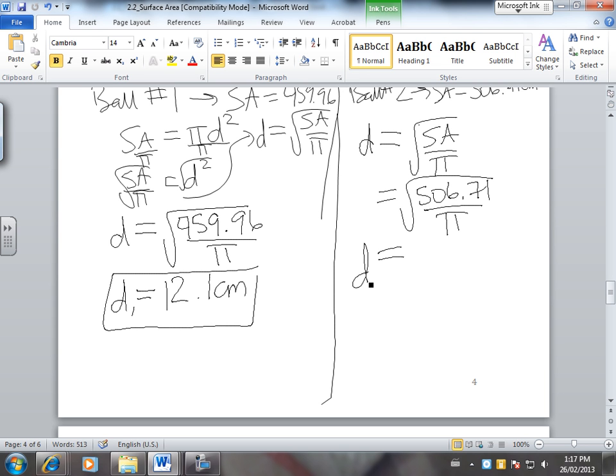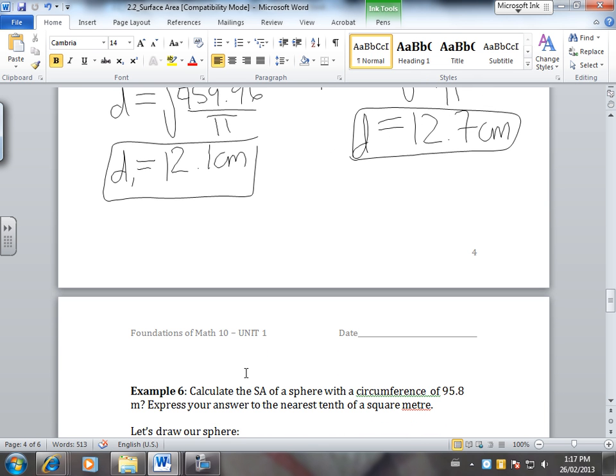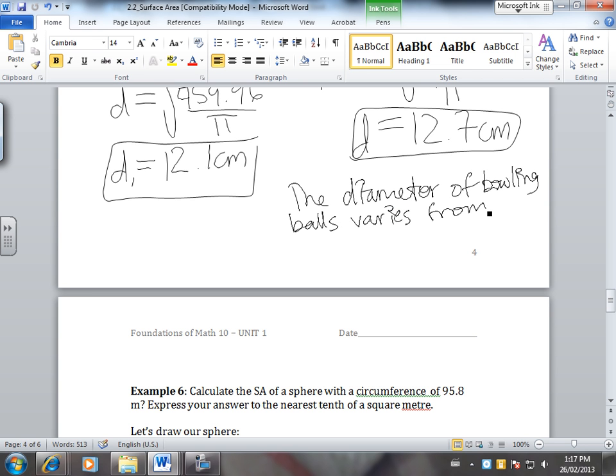We'll get that d equals 12.7 centimeters. So then what do they vary? The diameter of bowling balls varies from 12.1 centimeters to 12.7 centimeters.